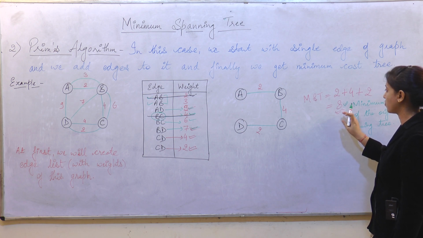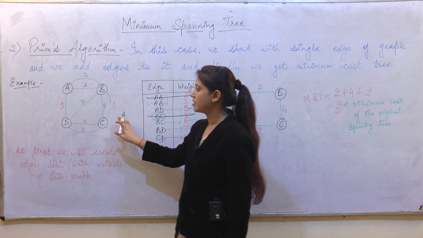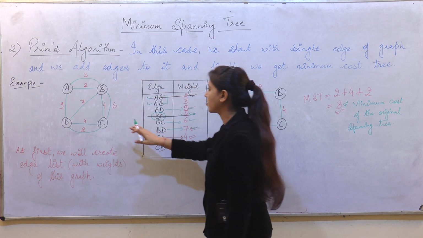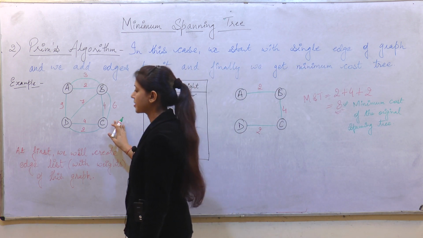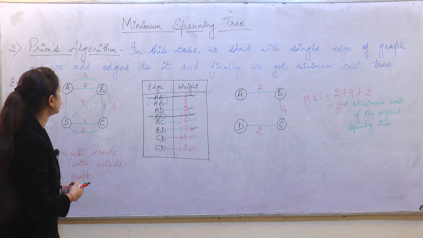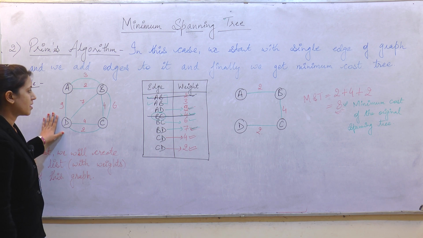So 8 is the minimum cost of this original spanning tree. Okay. Less than 8 is not possible in any case for getting the minimum spanning tree. So this was the procedure of solving Prim's algorithm.